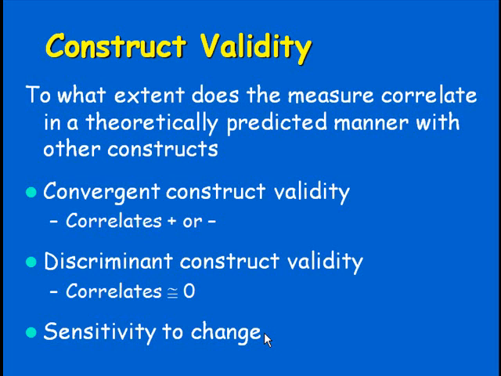And the question is, the concept of sensitivity to change has to do with, is your instrument sensitive to change? Well, Sam's instrument is not very sensitive to change, because somebody could come in for weeks and say they're moderately depressed.